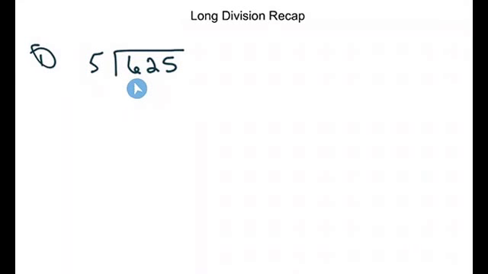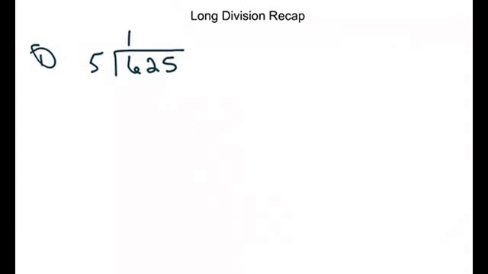Will 5 go into this first number a whole time? Since it will, that's all we're going to focus on for right now. Okay? So 5 will go into 6 one complete time. So I'm going to put that 1 right above the 6.